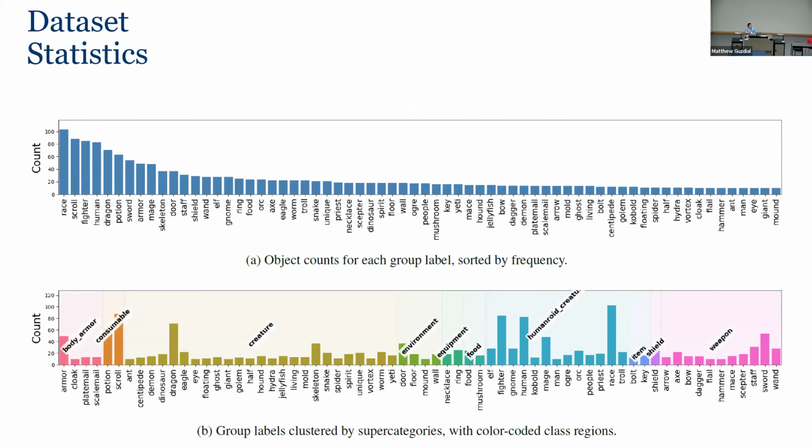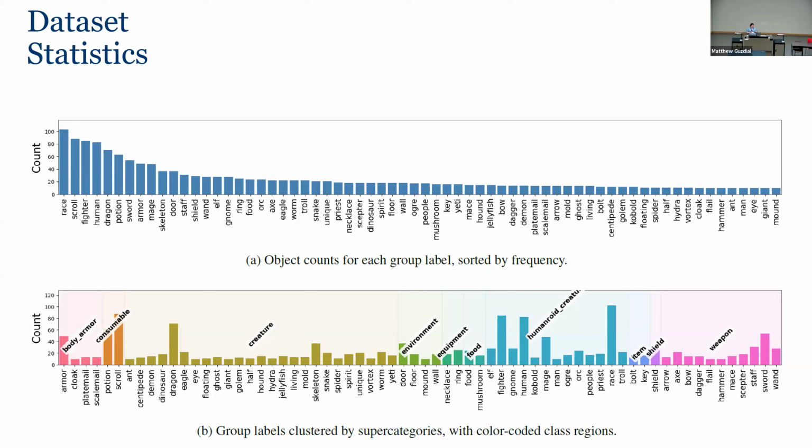And here are two diagrams showing the distribution of our semantic groups. Here I only show the groups which contain more than 10 examples for clarity. So you can see the categories that appeared frequently. The top chart shows the raw counts for each group label, and the bottom chart clusters these groups into our supercategories, like creature, equipment, consumable, environmental object, and so on.